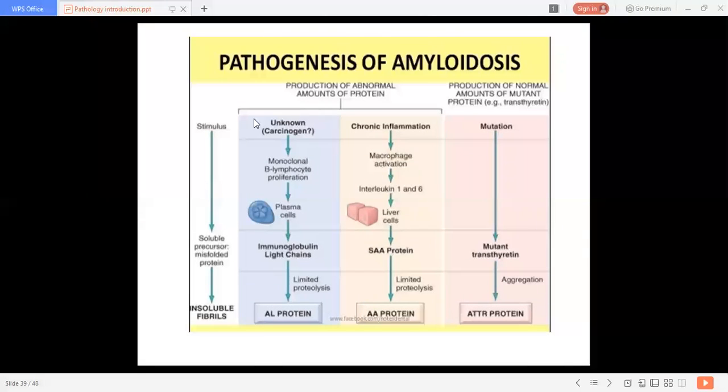The first step is the stimulus for amyloid precursor protein. The second step is increased soluble precursor protein. Then the next step is nucleation for fibrillogenesis.